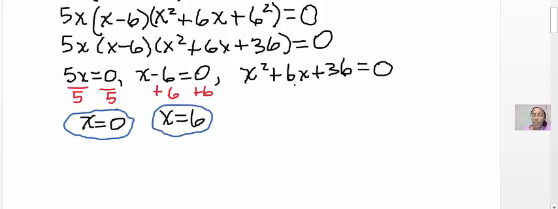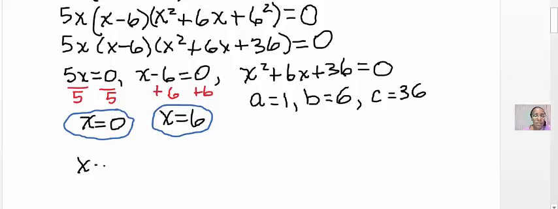Now to solve x squared plus 6x plus 36 equals 0, I'm going to use the quadratic formula where a is 1, b is 6, and c is 36.